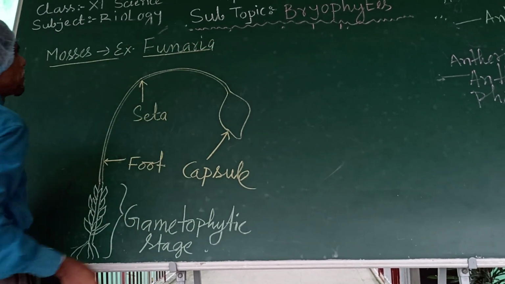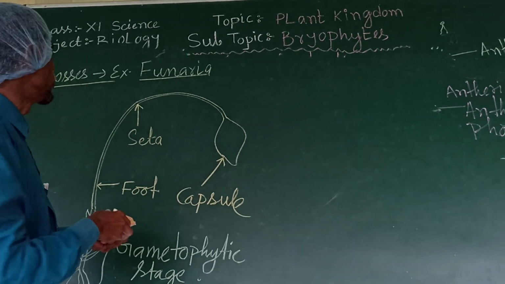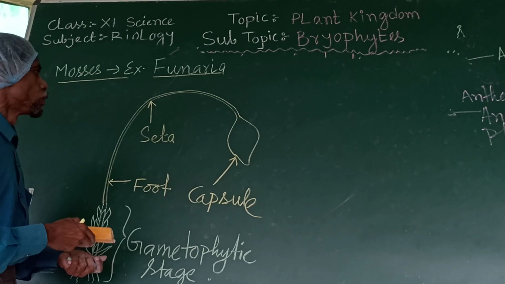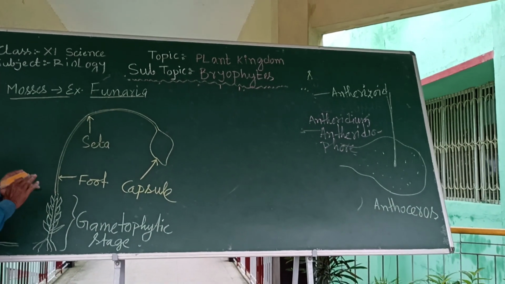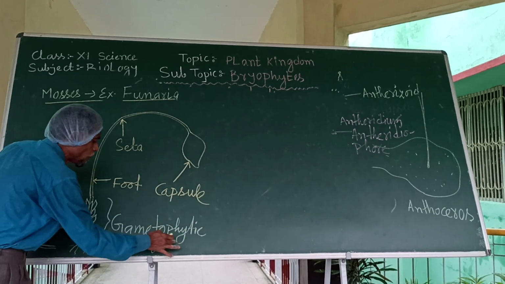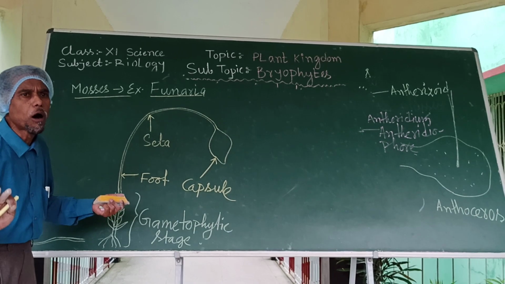The individual member, Funaria; another, Sphagnum, is also there, which is also coming under moss. So the Funaria, the main parent body, which is a gametophytic stage, having n number of nuclei.